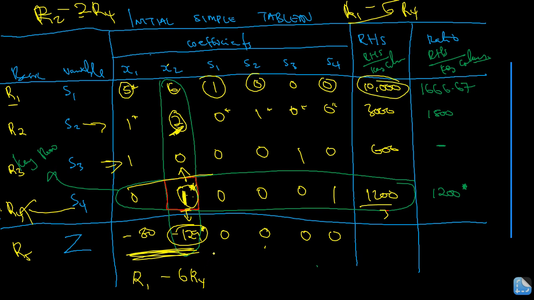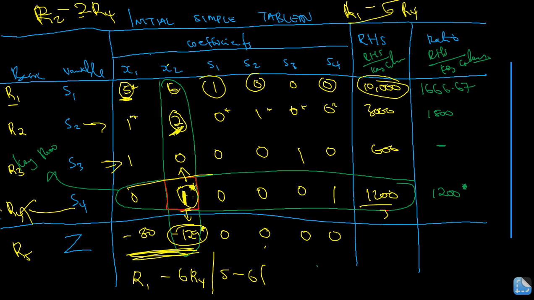So what do we do now? What is R1? R1 is 5. So bring your 5, write 5 here, minus 6, open bracket. What is our R4? The R4 is the value that you are going to find in your key row.